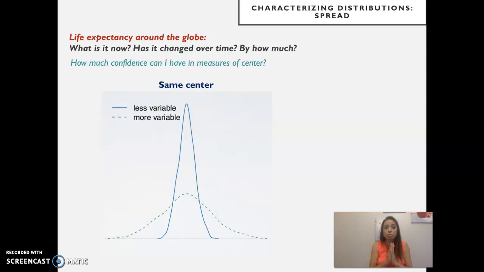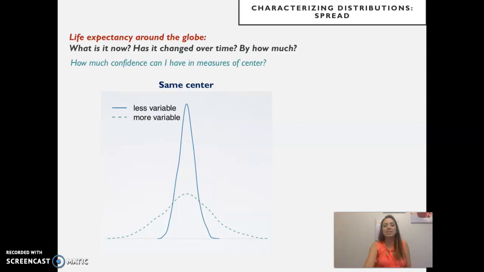Here's an example of two distributions with the same exact center, one with a greater spread than the other. If I tell you that on the dark blue distribution, the average is, let's say, 70 years of life expectancy, is this a more or less precise estimate if our distribution looked like the dashed green distribution?